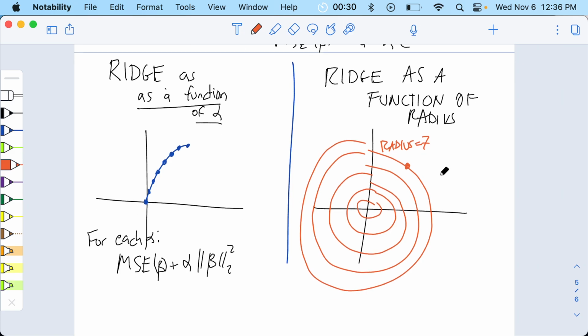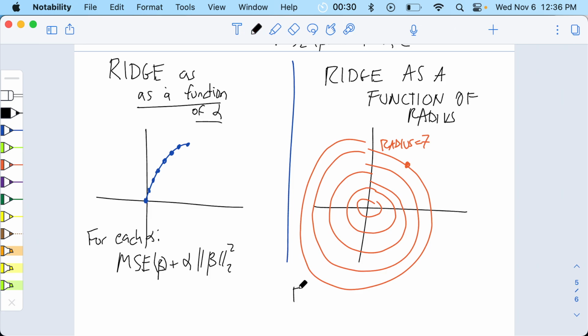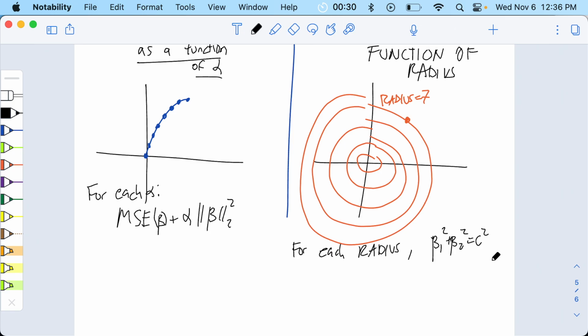So for each radius, beta 1 squared plus beta 2 squared equals C squared, you just minimize the mean squared error of beta on the circle. So this was beta anywhere. Minimize beta anywhere. And this one is on the circle.